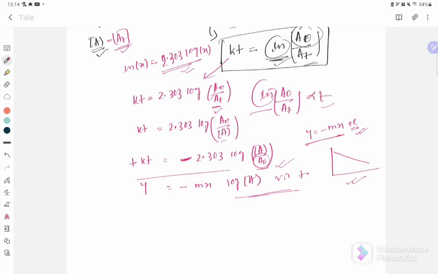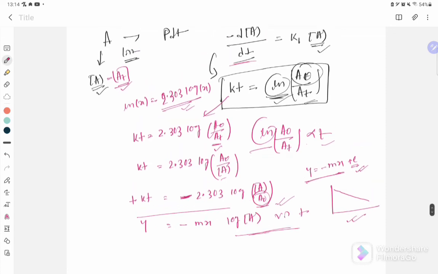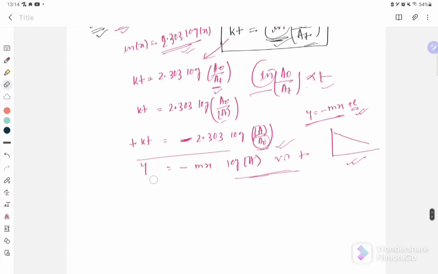If it is log A minus log A0, I am solving this one for you. So kt will be minus 2.303 log of A, minus means plus 2.303 log of A0.